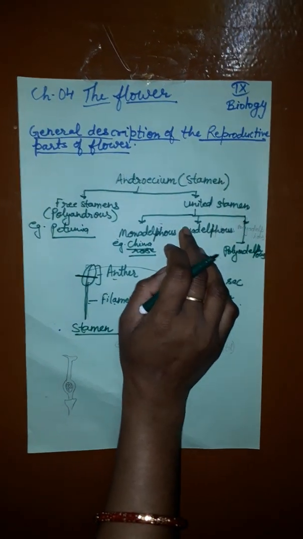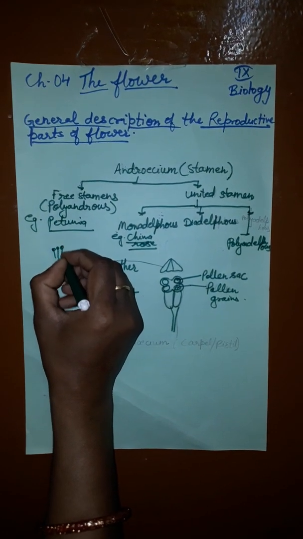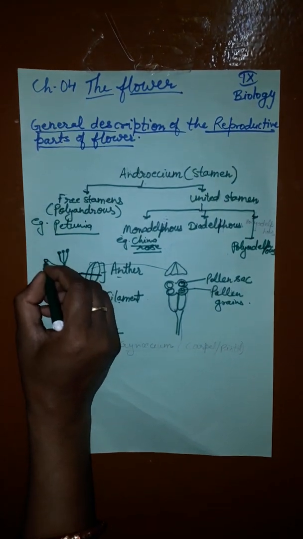stamens are united in two groups. Suppose the first unites like this and forms one group, and the second group is like this.